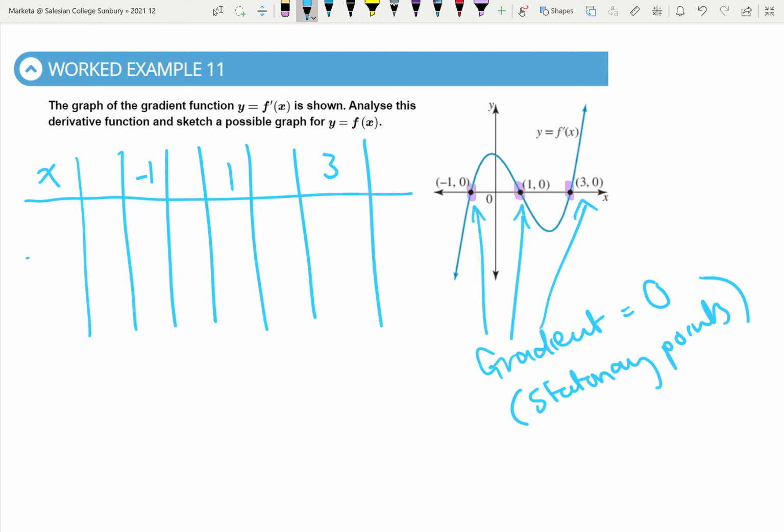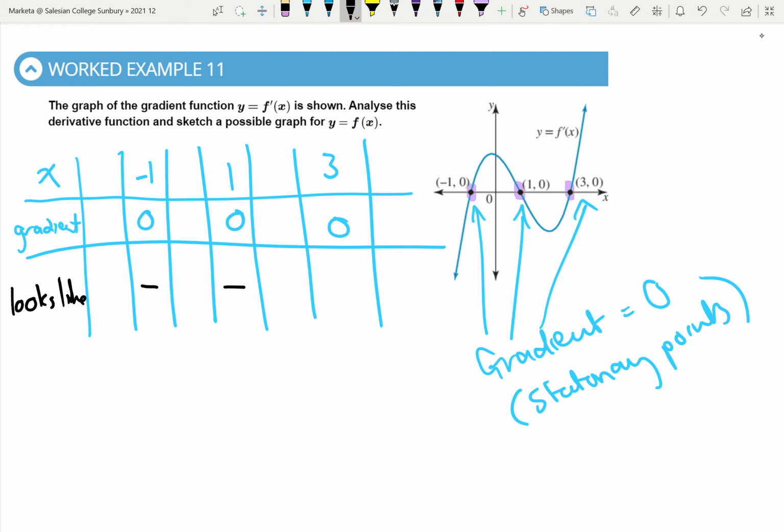So we know that at these points the gradient is 0. The gradient is flat, so if you're walking on that, it would be a flat point there.